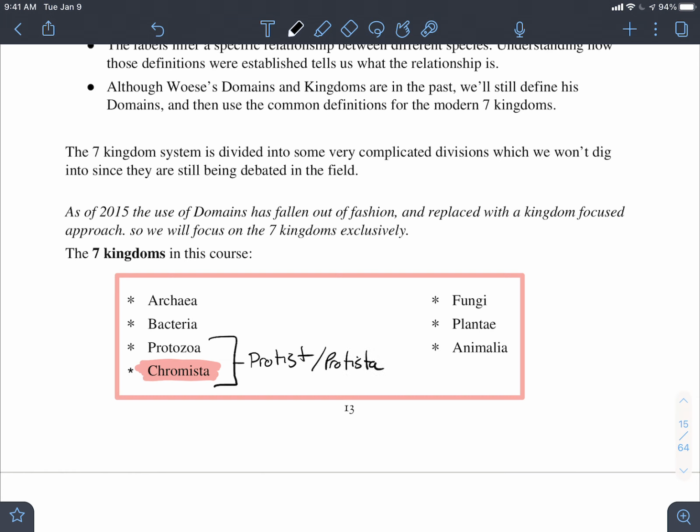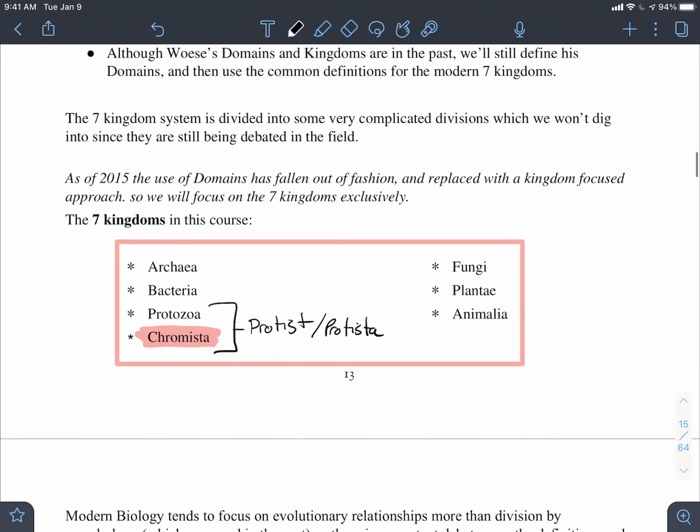I think that might even be the case if you look up the Crash Course video. Lots of people like Crash Course or Khan Academy. I believe they do focus in on these as protists or protista to cover both of those kingdoms together.